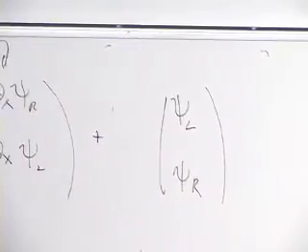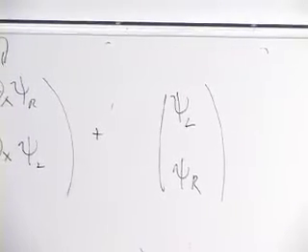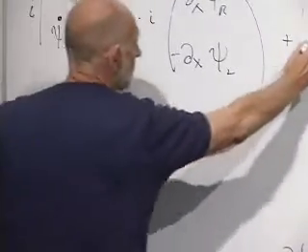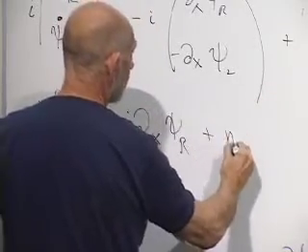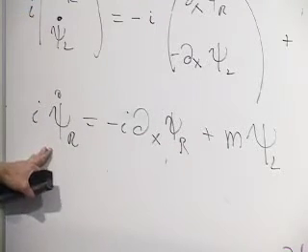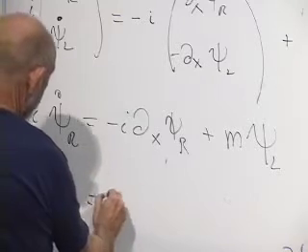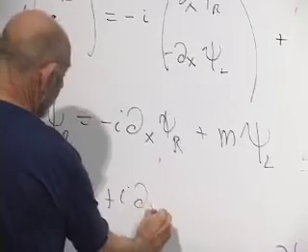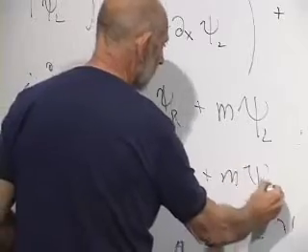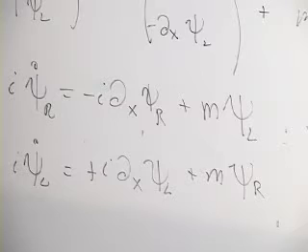And now we see what the various equations are. i psi right dot is equal to minus i dx psi right plus m psi left. It throws psi left into the equation for psi right. And likewise, i psi left dot is equal to plus i dx psi left plus m psi right. That's explicitly what the equations say.